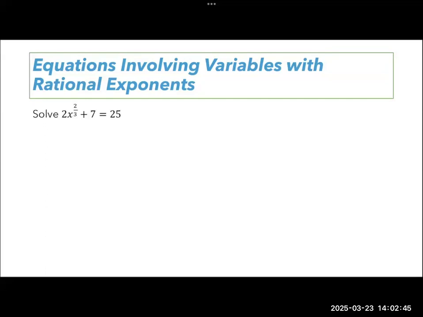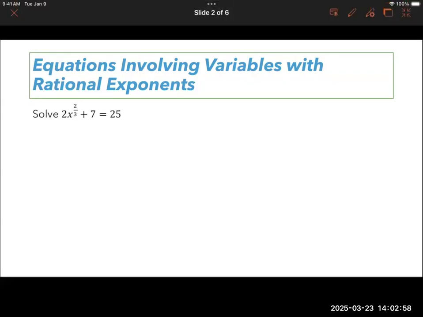So let's begin with equations involving variables with rational exponents. In order to solve these types of equations, we first need to isolate the variable that's in the equation and the power that it's being raised to. So in this case, that's going to be this x to the 2/3 power.